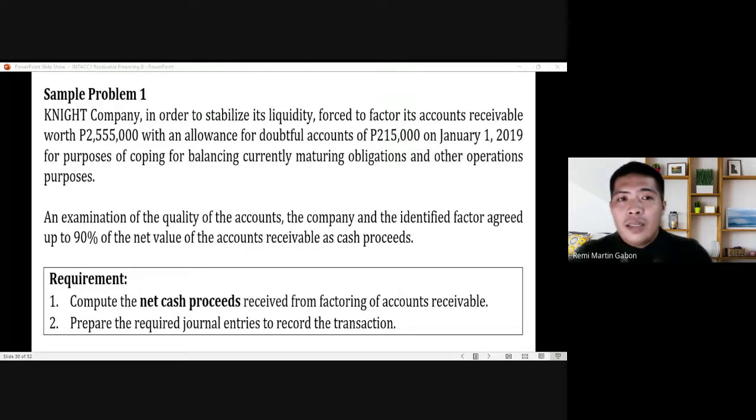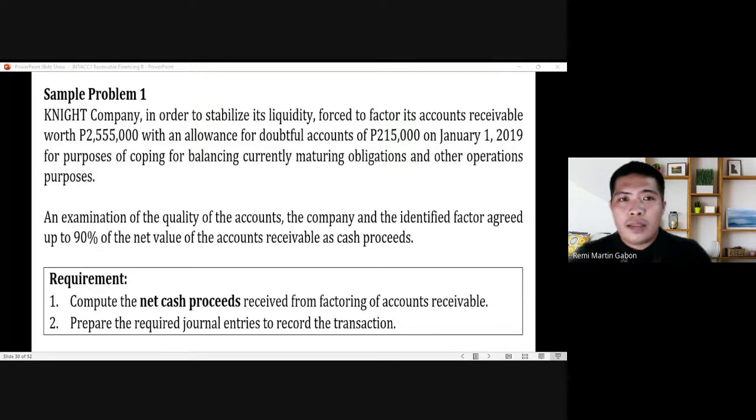So when we say gross carrying amount, we are referring to 2,555,000. But when we say net realizable value, we mean the 2,555,000 minus 215,000.